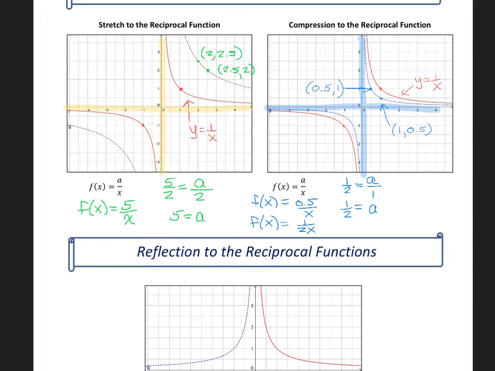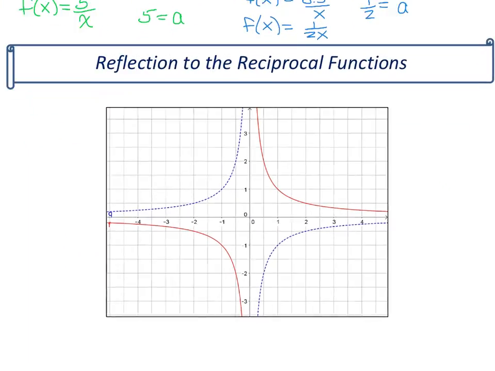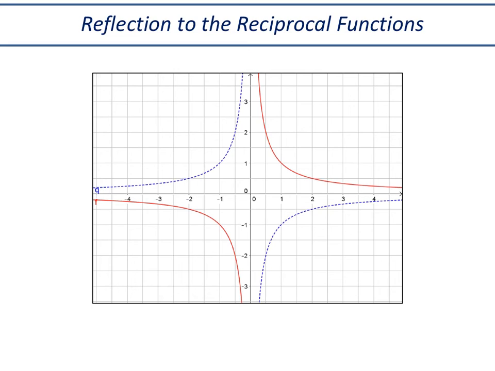Okay, and finally, let's take a look at reflections of the reciprocal function. So again, here we have our parent, which is in red, and we can tell because of this (1, 1). So I have y equals 1 over x. The transformed function is in blue dashed, and you can look at this in one of two ways. You could see that this quadrant 1 area here is now over here in quadrant 2, and the parent in quadrant 3 is now symmetric and over here in quadrant 4.